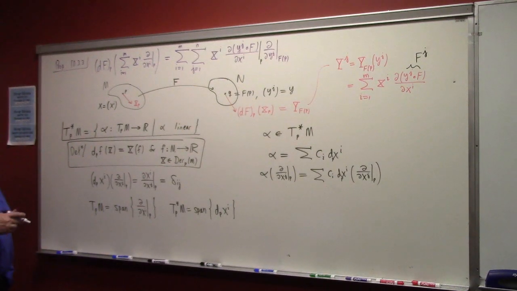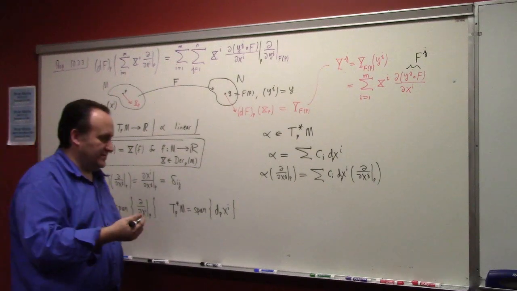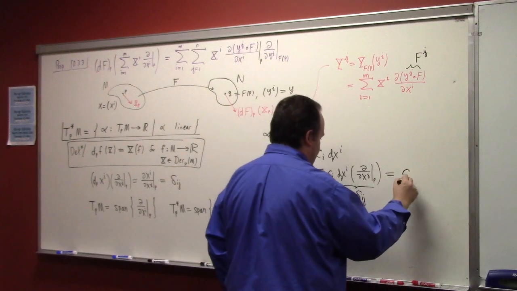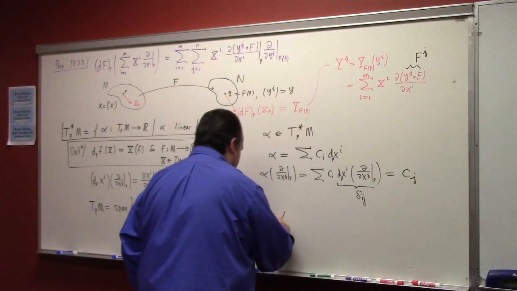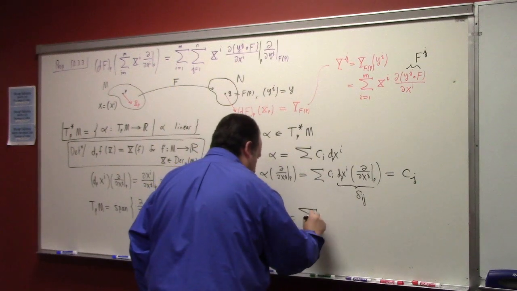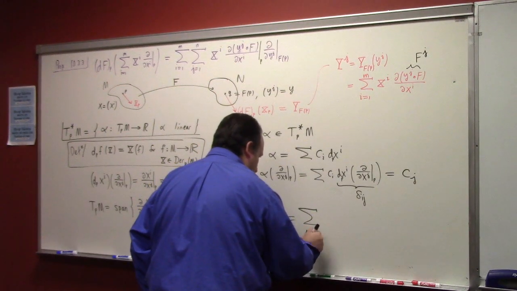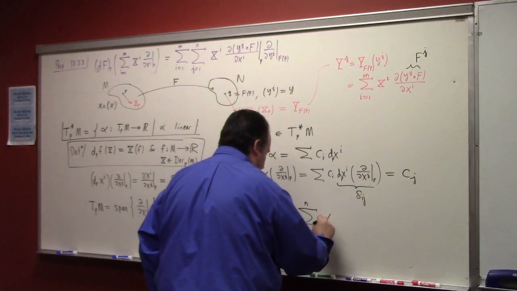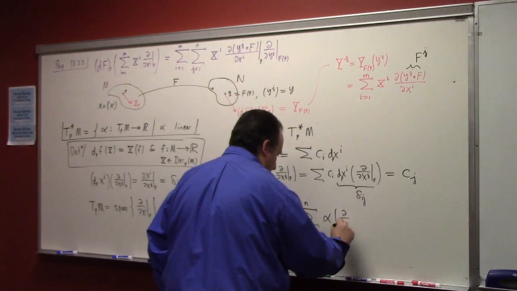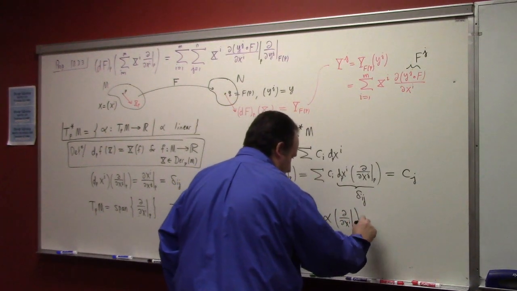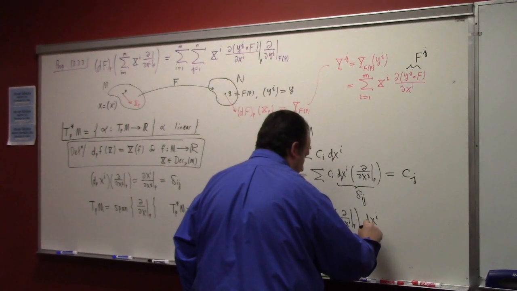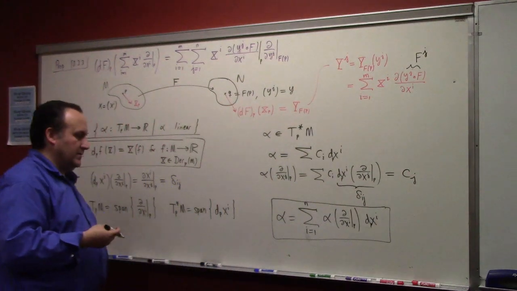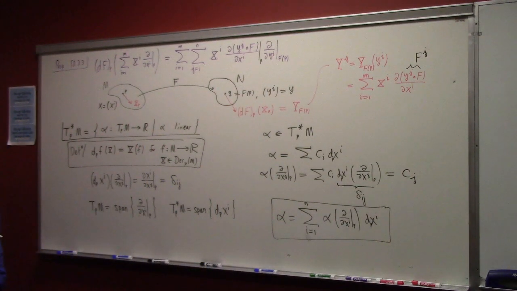Anyway, that's the Kronecker delta, which just gives us back a c sub j. So lo and behold, alpha is equal to the sum, i equals 1 to n, of alpha acting on partial x i at the point p times dx upper i at the point p. That is how we find the components of a dual vector.